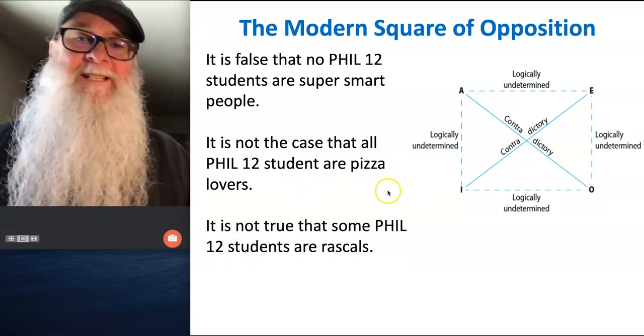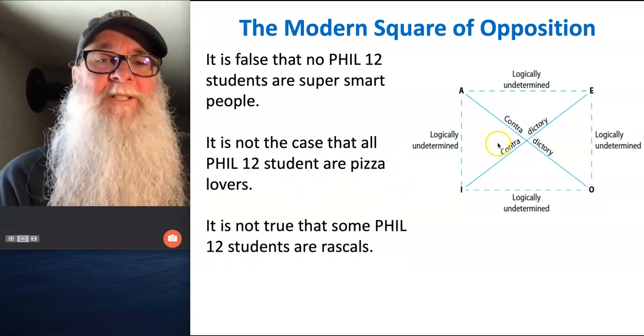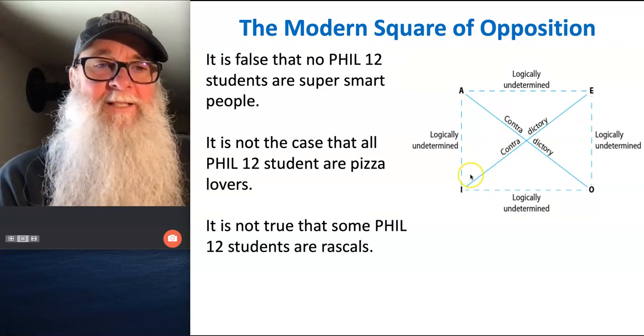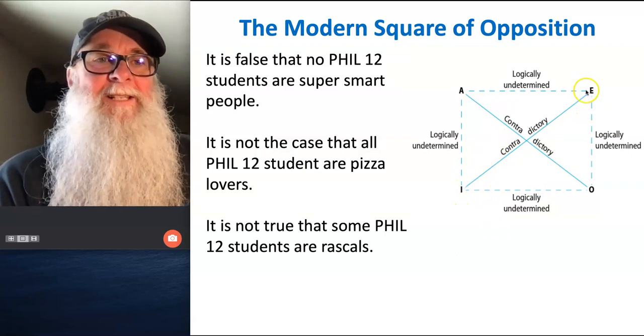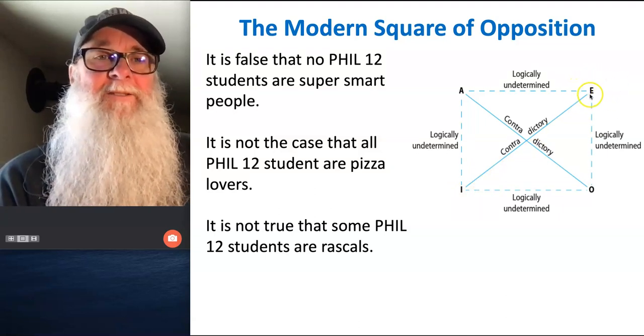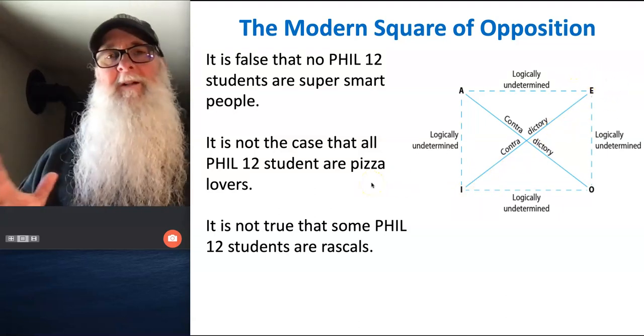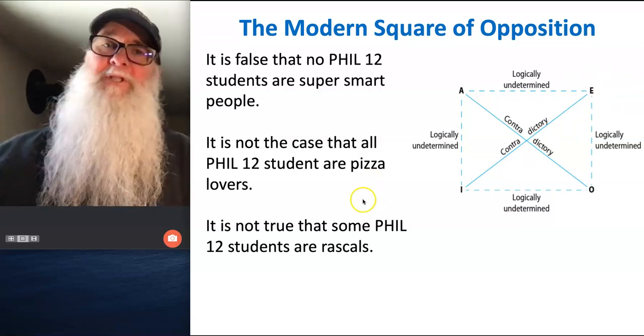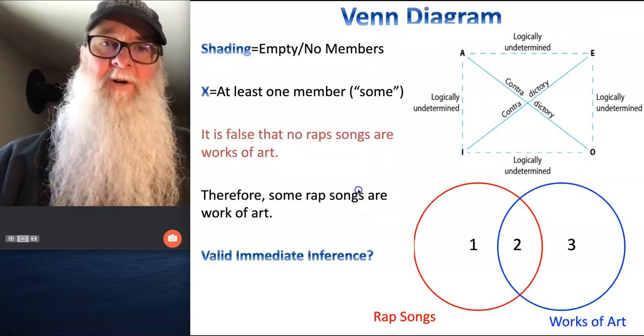If it's not true that some Phil 12 students are rascals, then it has to be true that no Phil 12 students are rascals. So I can use this modern square of opposition to identify true statements when I'm given a false one.